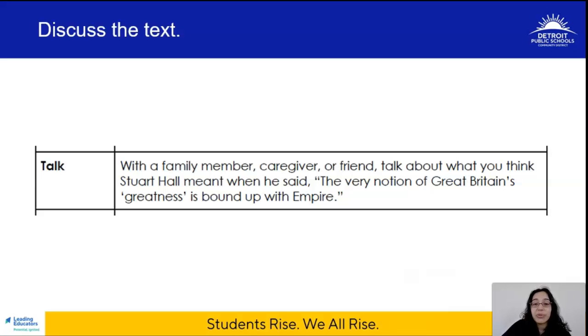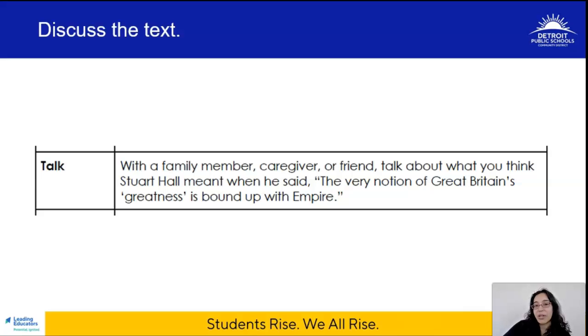Now it's time to discuss the text, and this relates to the thinking and the annotating that you just did. So with a family member, caregiver, or friend, talk about what you think Stuart Hall meant when he said, "The very notion of Great Britain's greatness is bound up with empire."